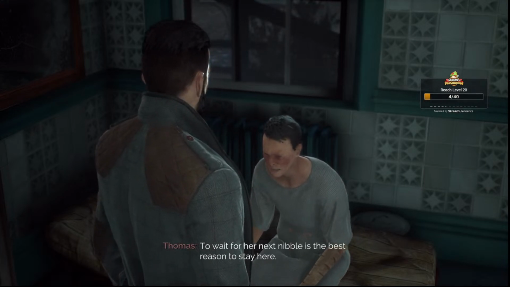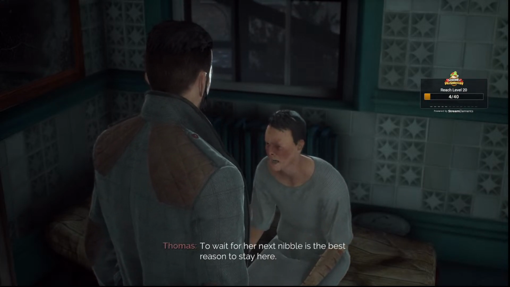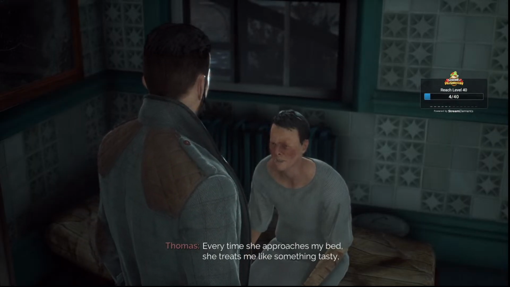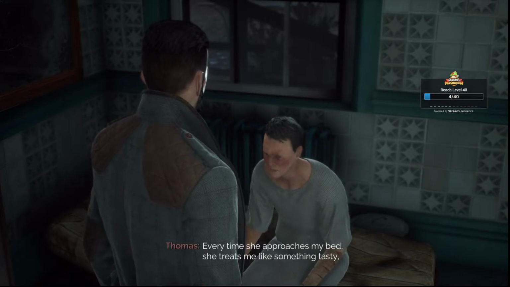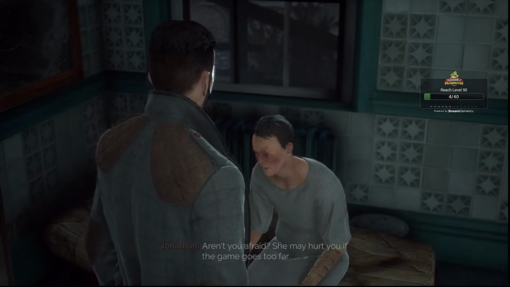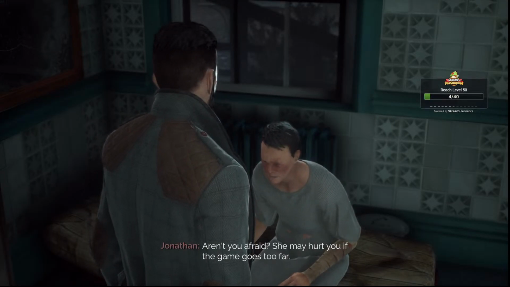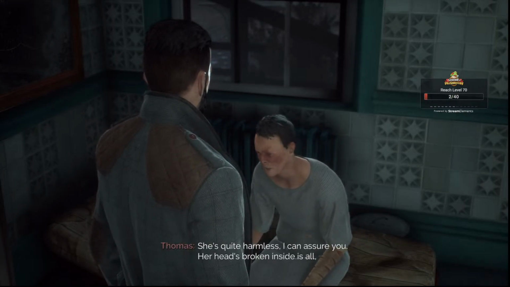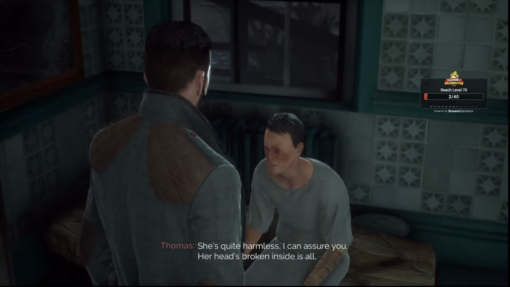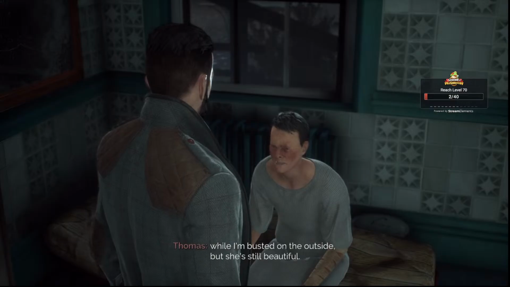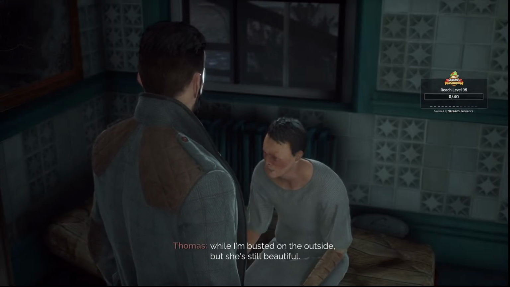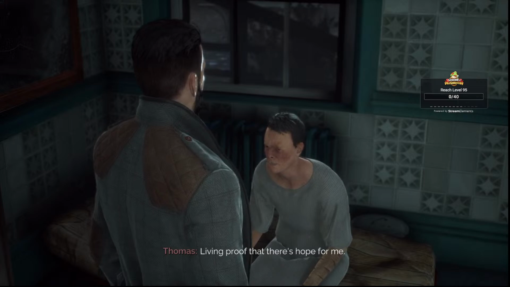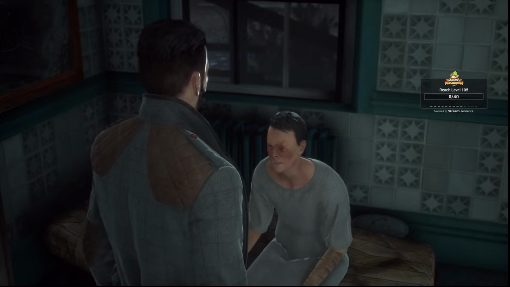To wait for her next nibble is the best reason to stay here. Every time she approaches my bed, she treats me like something tasty. A normal person, aren't you afraid? She may hurt you if the game goes too far. She's quite harmless, I can assure you. Her head's broken inside is all, while I'm busted on the outside. But she's still beautiful. Living proof that there's hope for me.